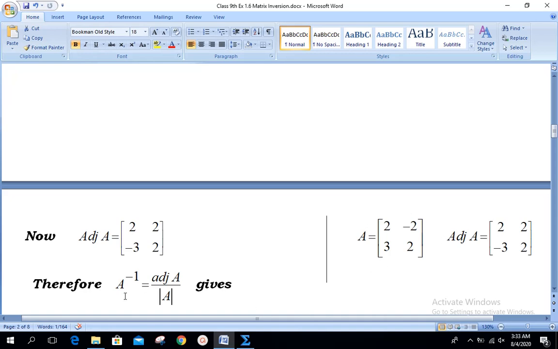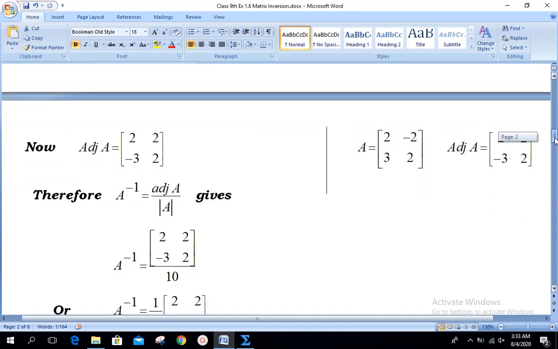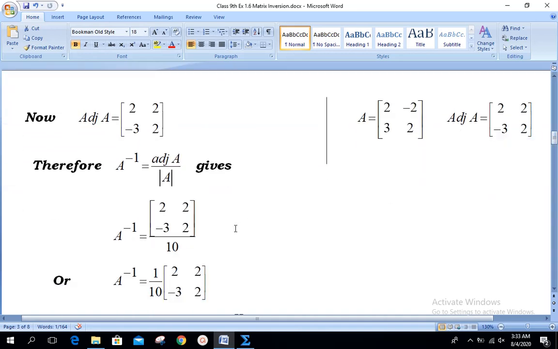Next, we know the rule A inverse is equal to adjoint of A over determinant of A. We calculated adjoint of A, already having the value of determinant of A, that is 10. So using the values in this, we get A inverse is equal to a matrix of order 2 by 2 with entries 2, 2, minus 3, 2 whole over 10, can be written as 1 over 10 into the same matrix of order 2 by 2.